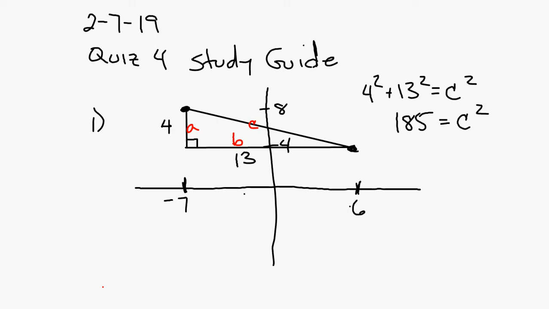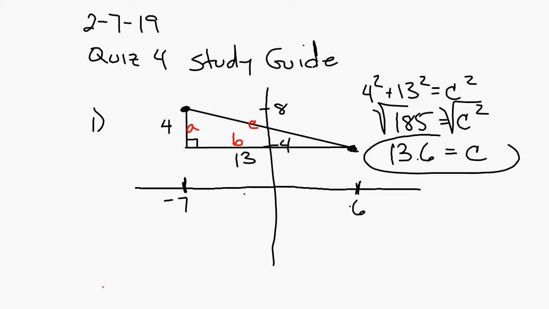And if you find the square root of both sides, 13.6 units is the hypotenuse. So there's your length.